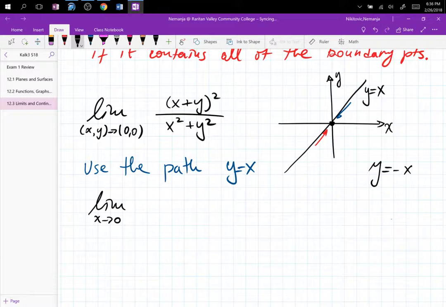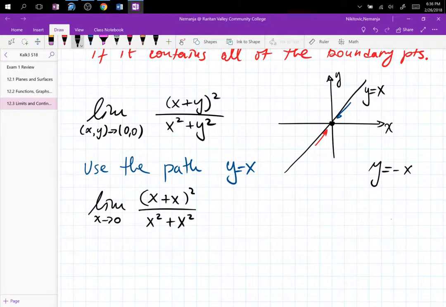On top, you have 2. So let's just plug everything in. You have (x plus x) squared divided by x squared plus x squared, because each y is equal to x now. So just plug in.